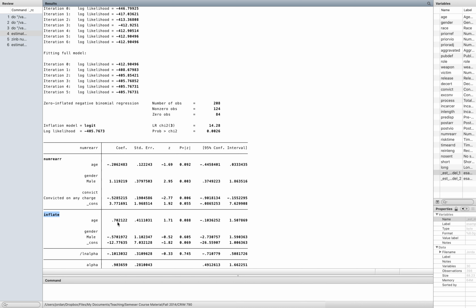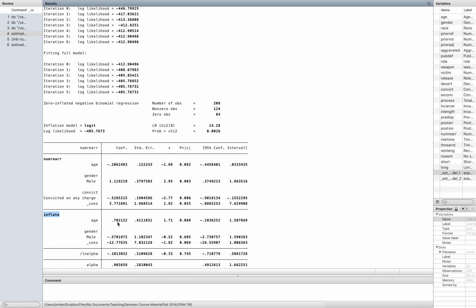If you want, you can convert it to odds ratios, and doing this on my handy calculator here, 0.702122, hitting the EX button, comes out to 2.01 or 2.02. So it comes out to 2.02.